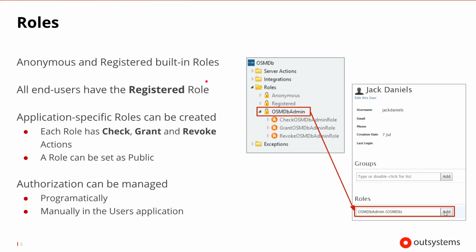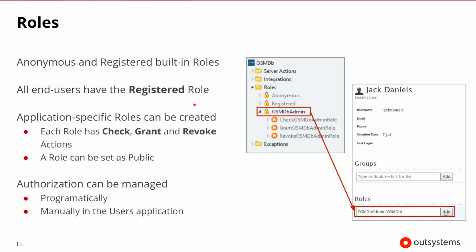So when you think about anonymous users, that's anyone who comes to our application, but we don't necessarily have to know who they are. The registered users will be any user that is registered in our user's application. So you can think of the user's application as a user registry, and the role registered would be any user that is in that registry.